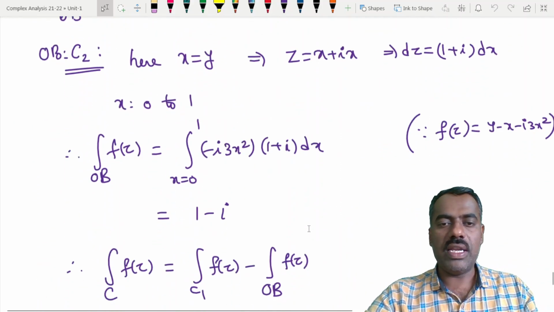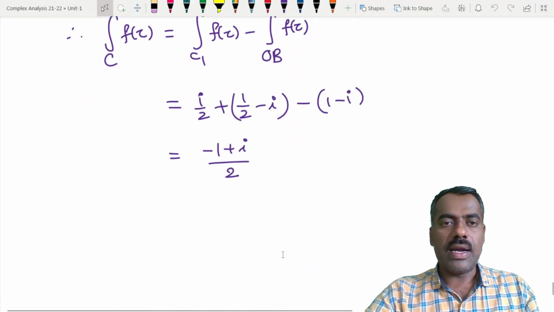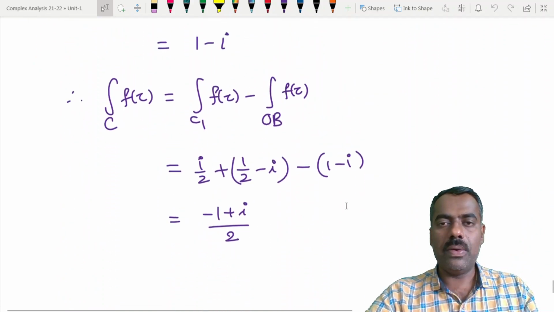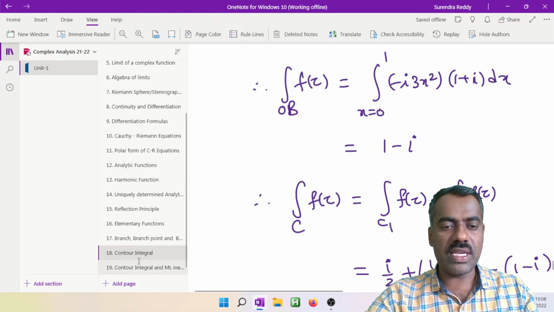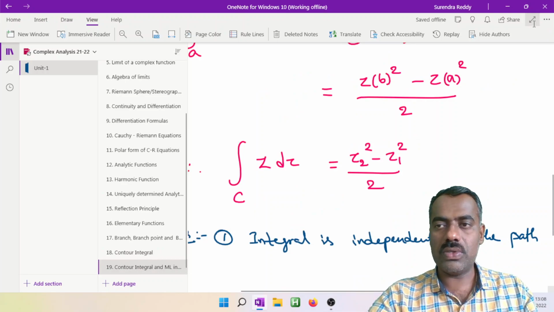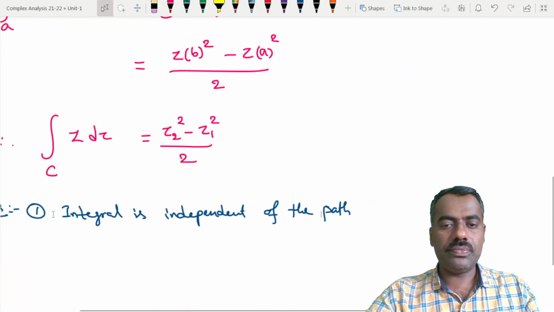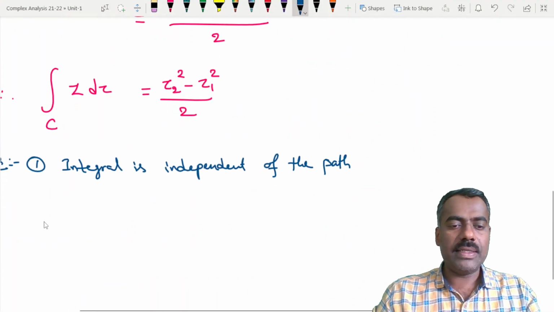So those integrations are different over C1 and over C2. But for this example, f(z) equal to z, the integral is independent of the path.